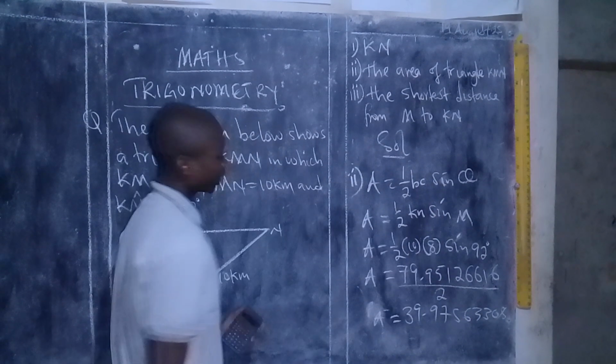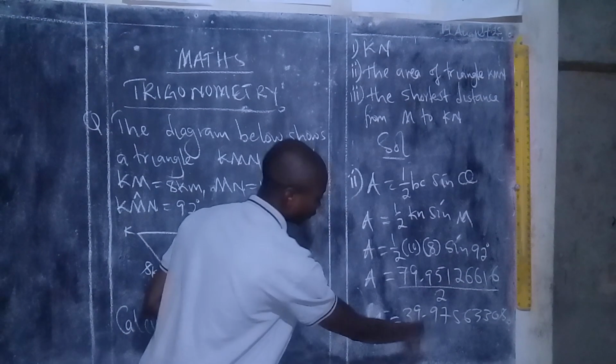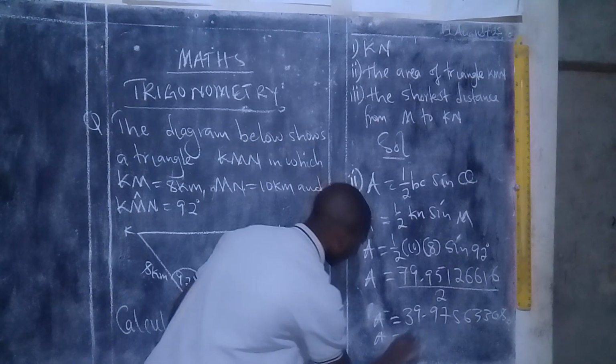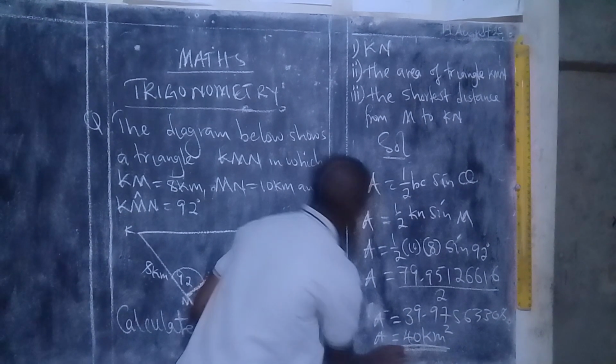And thereafter you can round off to the whole number. So area is equal to, if you round off this one, 40 kilometers squared. That is the answer for number 2.